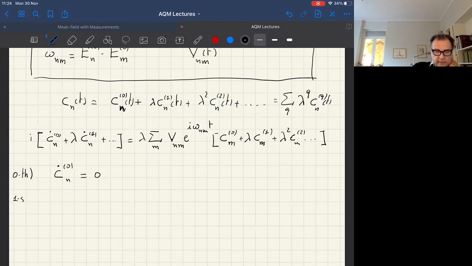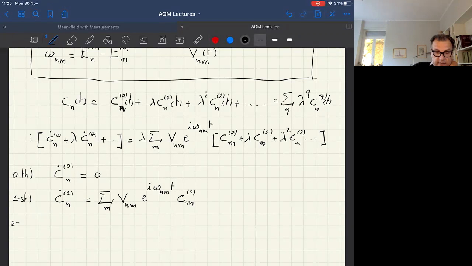First order is lambda C1, so I have C dot 1 of n is equal to the sum over m of V n m e to the I omega n m t C0 of m.